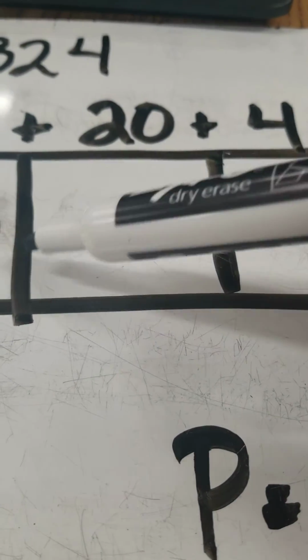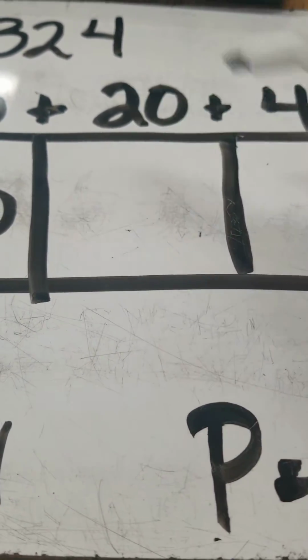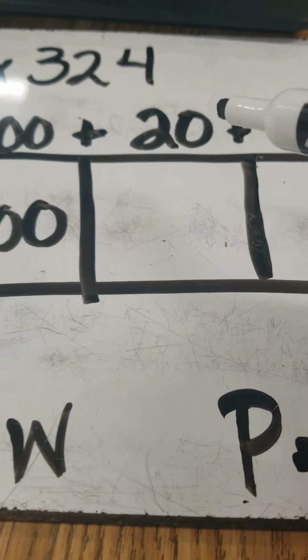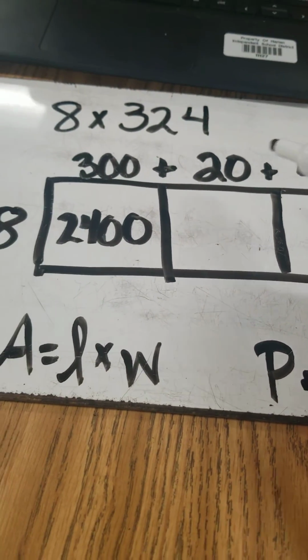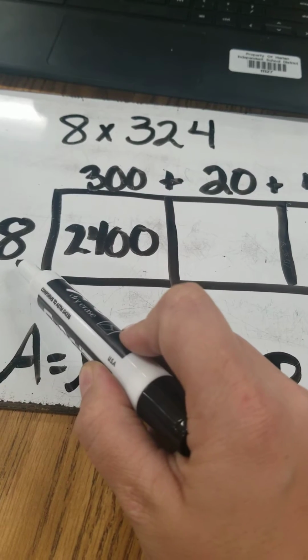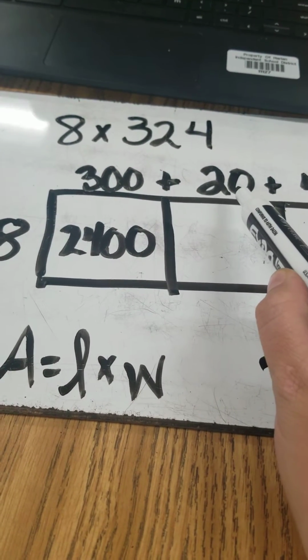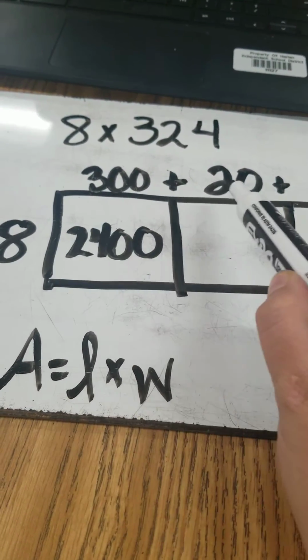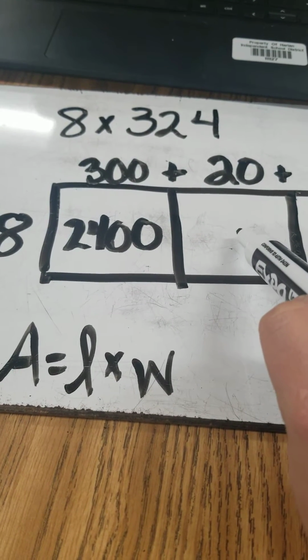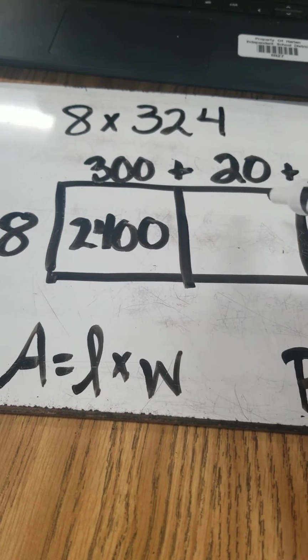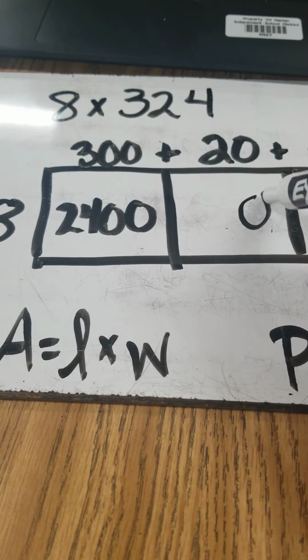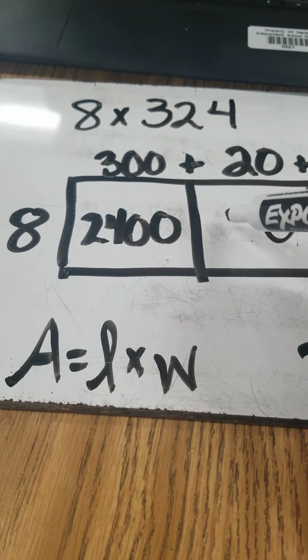Now you can't see the 8 anymore from the video, but I'm going to go back out a little bit. We are using the 8 rows with the 20 here. So 8 times 20, and the product goes in this section. So it's 1 0, and then 8 times 2 is 16.